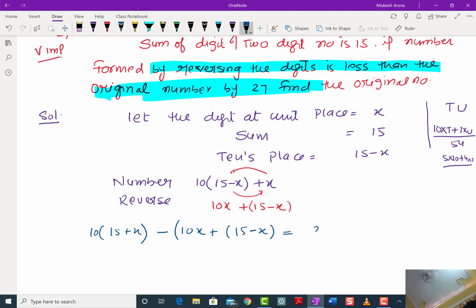How much less? 27. So it will be 150 minus 10x plus x minus 10x minus 15 plus x is equal to 27.